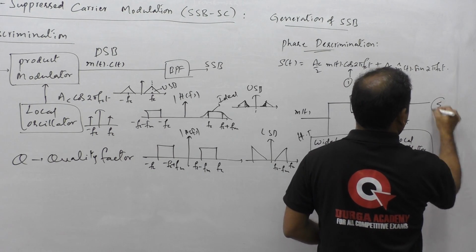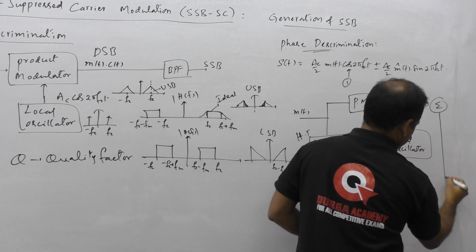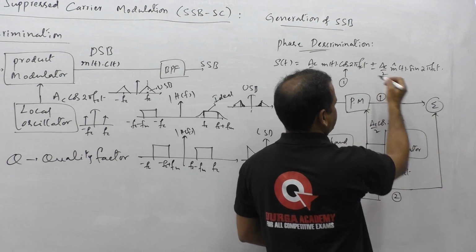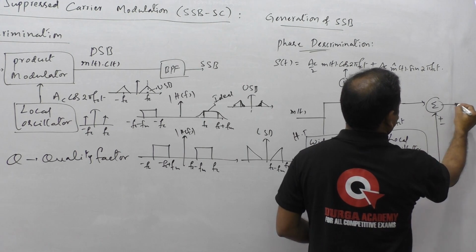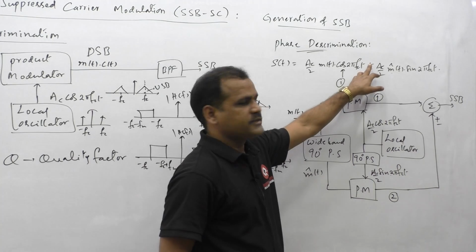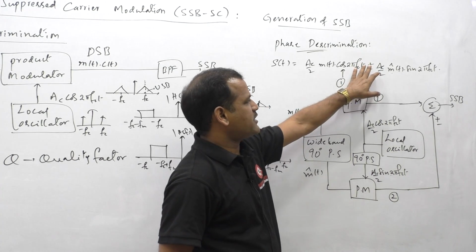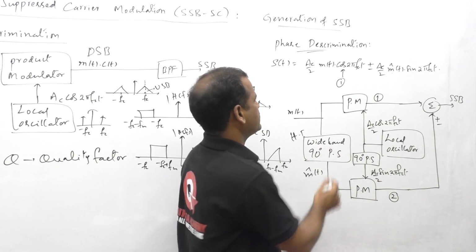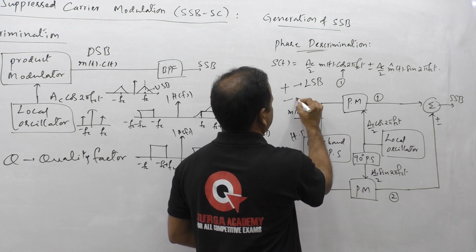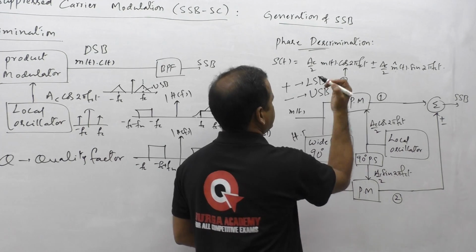Observe, we need to take an adder. With this adder we add the second product modulator output with plus or minus sign to generate the SSB signal here. In this canonical form of SSB representation, the plus sign represents the LSB term, and the minus sign represents the upper sideband term.